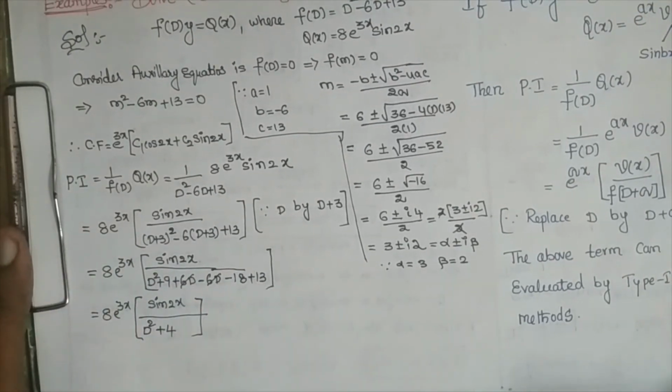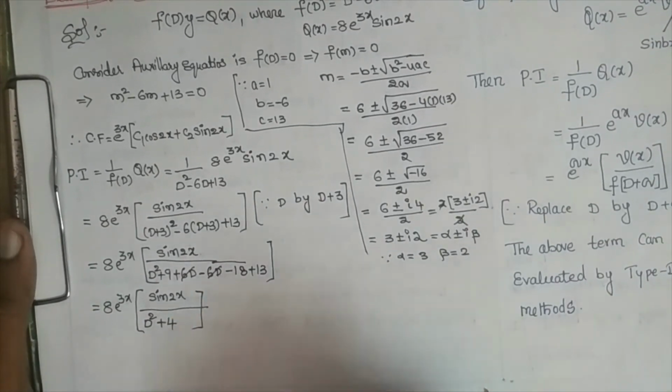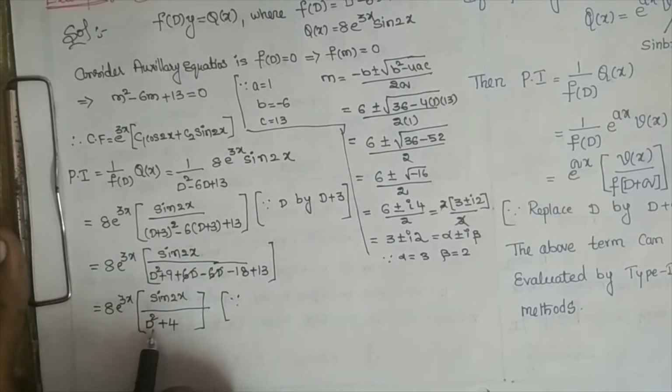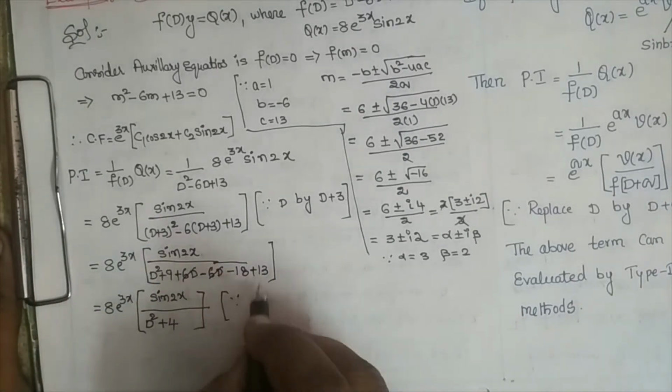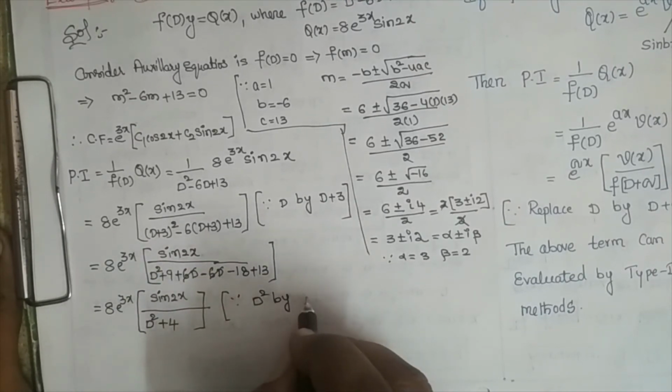Now it is in the form of type 2, sin 2x by f of D square. It is in the form sin bx by f of D square, type 2. So replace D square by minus 4.